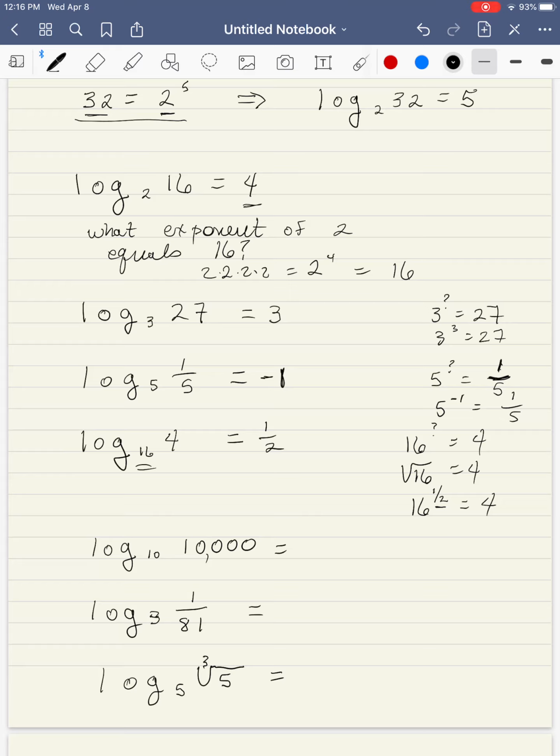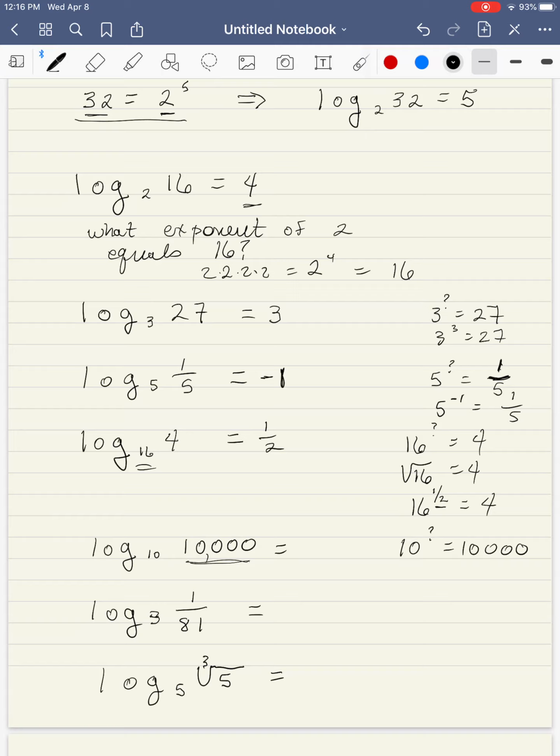So in each case, you're thinking the base to what power equals the argument. This number here is called the argument. And that exponent is the logarithm. So pause the video for a minute and work on those 3. All right, so on this one, we're saying 10 to what power equals 10,000?